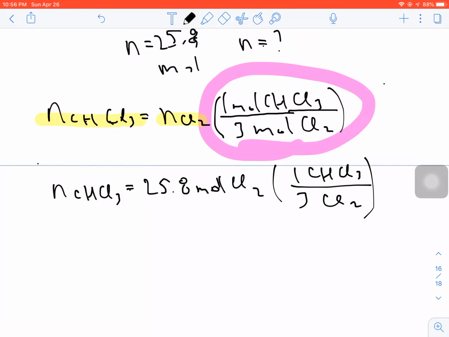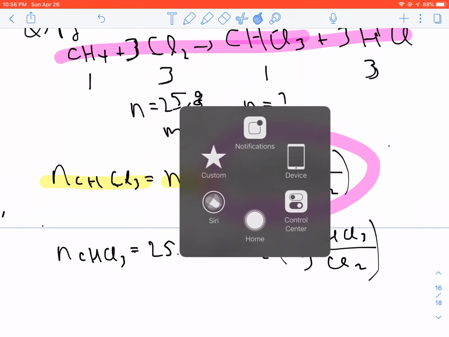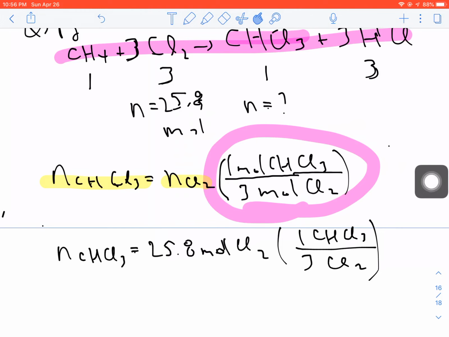Again, right from my balanced equation at the top that's off the screen right now, 1 mole of CHCl3 comes from 3 moles of chlorine, right? So that's where this whole piece comes from.